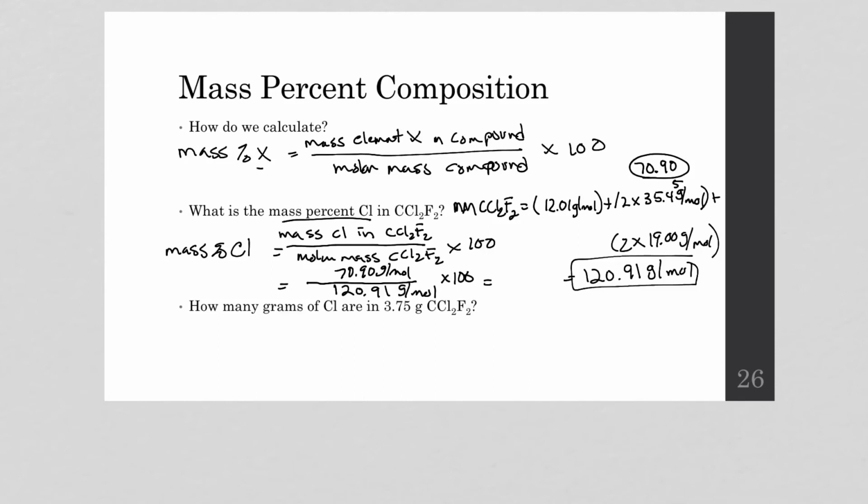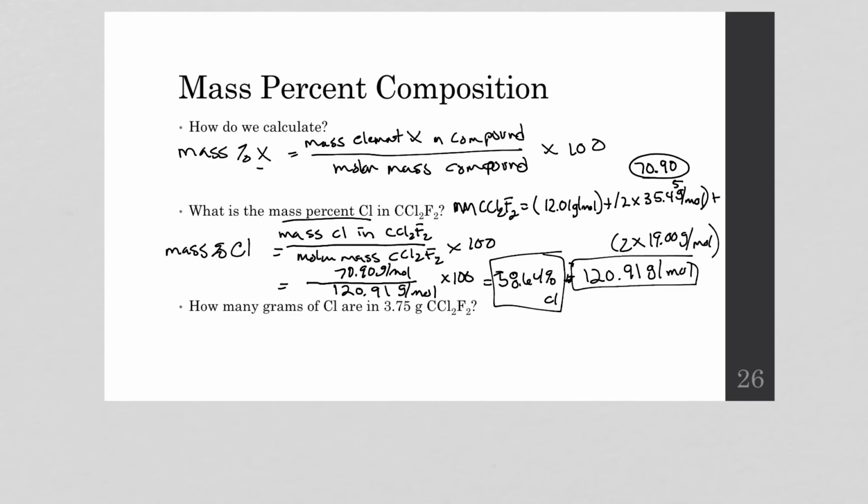And this equals, to 4 significant figures, 58.64% chlorine. So we know this compound is 58.64% chlorine.